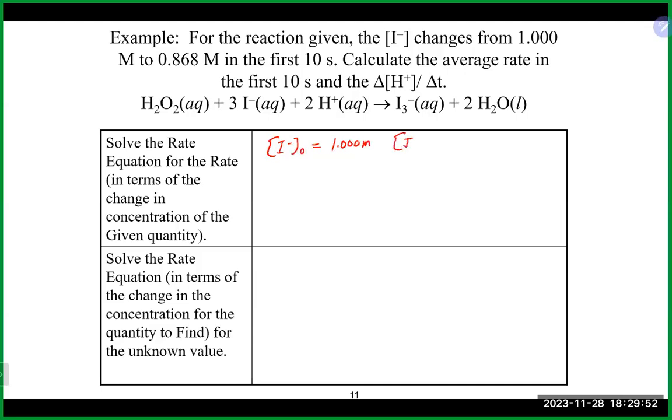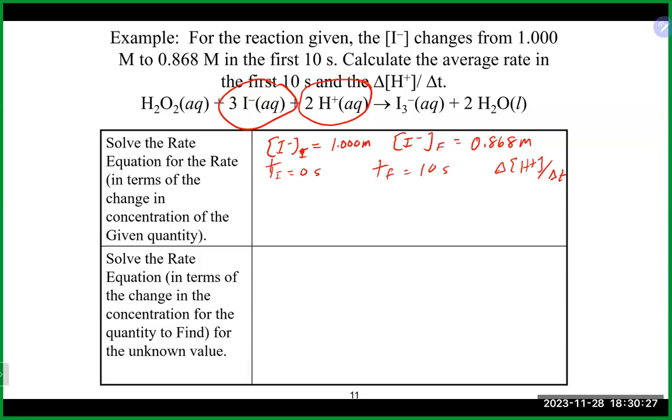We have a final concentration of I minus, which is 0.868 molar. And our initial time is going to be 0 seconds, and our final time will be 10 seconds. We want to calculate the change in the concentration of H plus over the change in time. So really in this problem, we just have these two that we're dealing with. So no need to do everybody else since we don't have to worry about it.